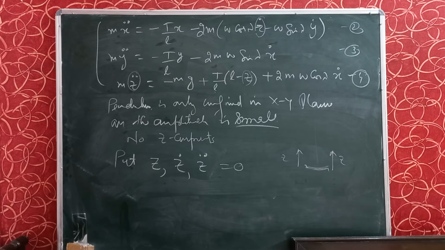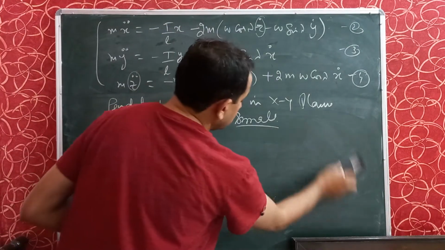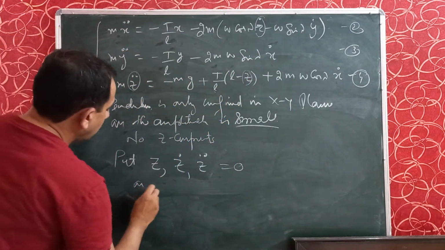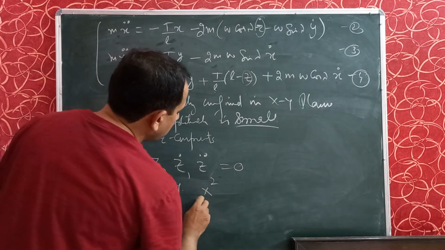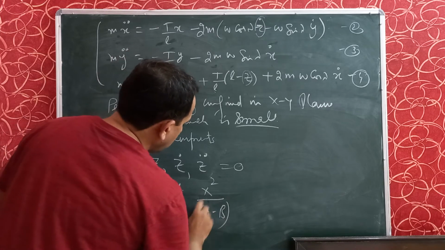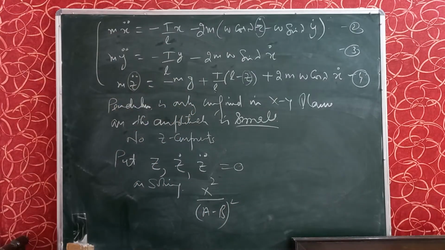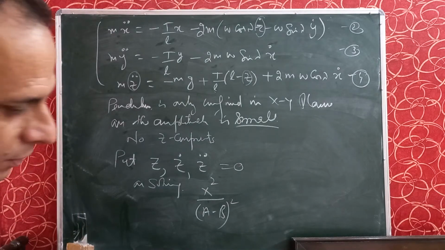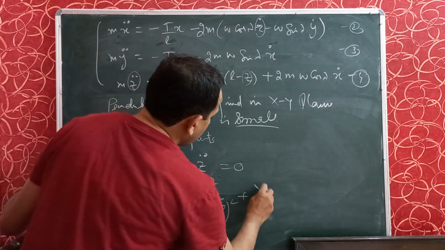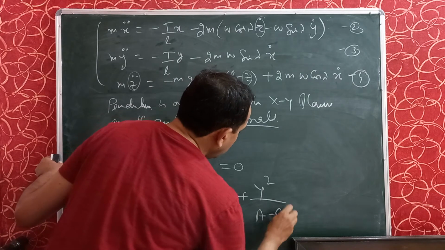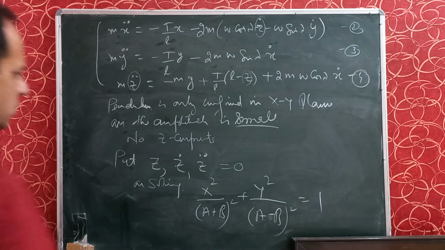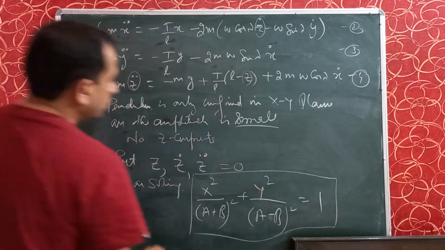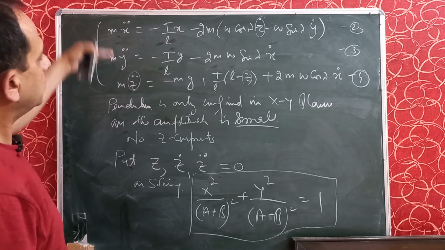You can solve this by the elimination method from the book, and you will find that on putting these values and on solving, we will get x square upon a plus b square, and y square upon a minus b square is equal to 1. So this type of equation we will obtain on reducing these 3 equations into 2 equations.